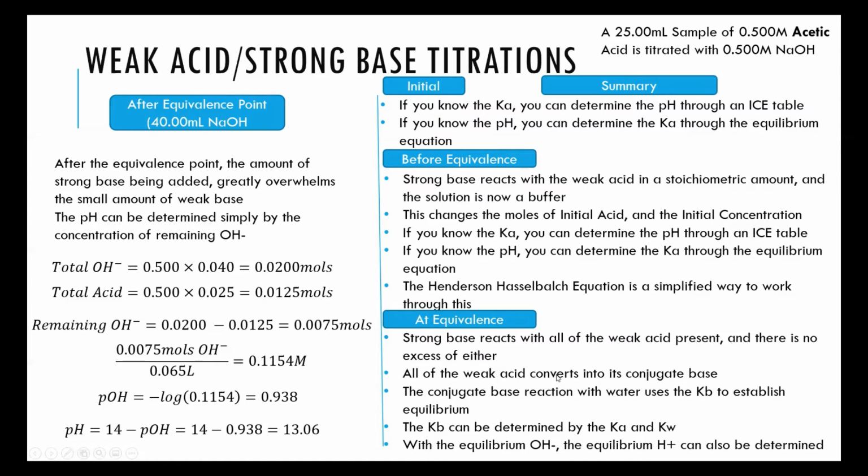At the equivalence point, the moles of acid are equal to the moles of base. So now you're looking at the equilibrium of all of that base converting back into some of that acid. Again, these are all equilibrium systems.